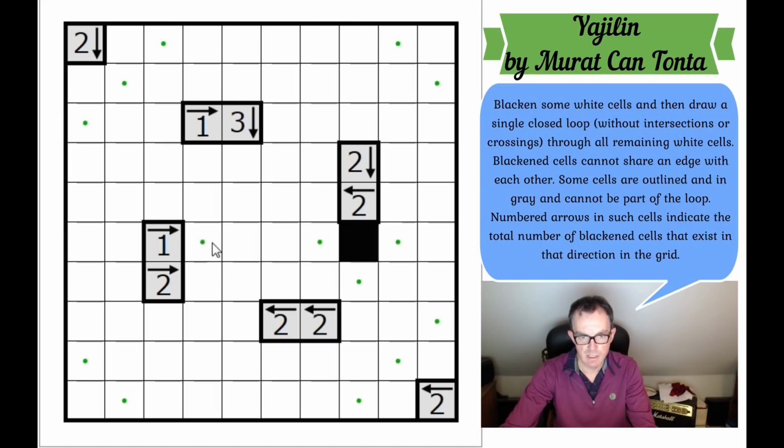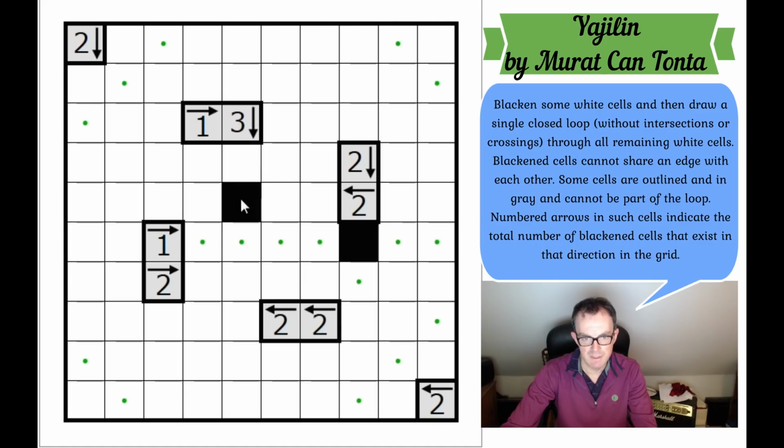This one clue now is filled. We've got our one black square in the row, so we can fill in some dots. Now look, this dot here has made this into a domino clue.